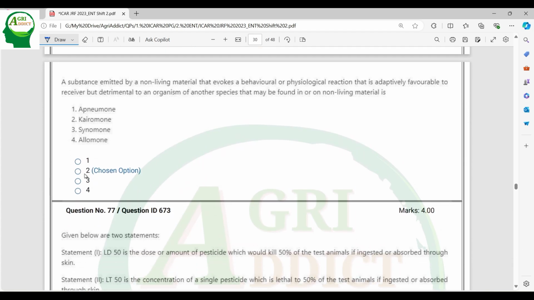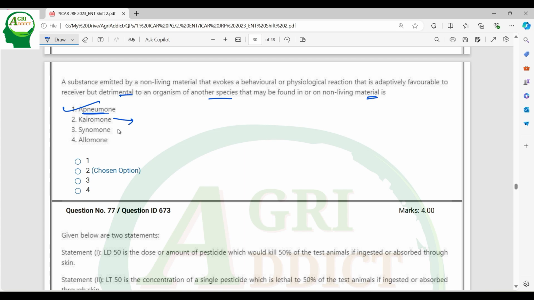A substance emitted by non-living material that evokes a behavioral or physiological reaction that is adaptively favorable to the receiver but detrimental to an organism of another species that may be found in or on non-living material, that is apneumone. Okay, it's a question directly from the Refresher Insecta 2 book.